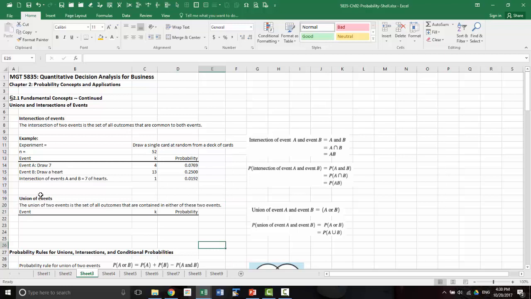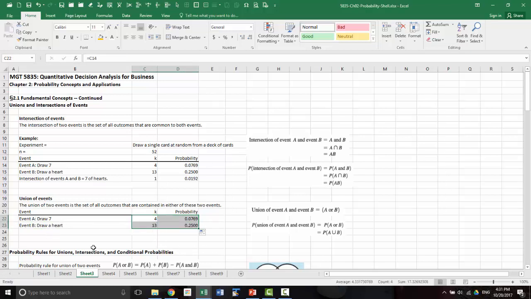Event A is draw a 7, and the probability is the same as there. I'm just going to use the values from the previous example, so you don't have to set everything up one more time. Event B is again draw a heart, and that probability is that.